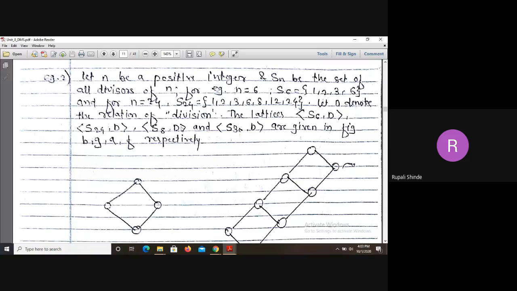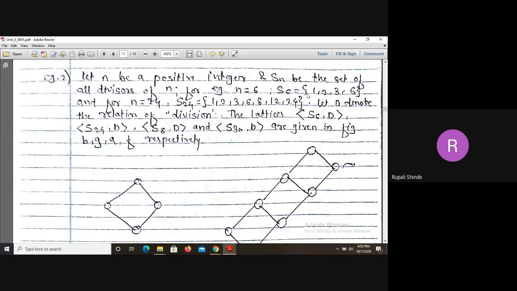And D denotes the relation of division. Then we have to draw the lattices for S6, D. It should be a lattice and that should satisfy the divides relation. Now, for this first lattice, we can check the elements of S6.